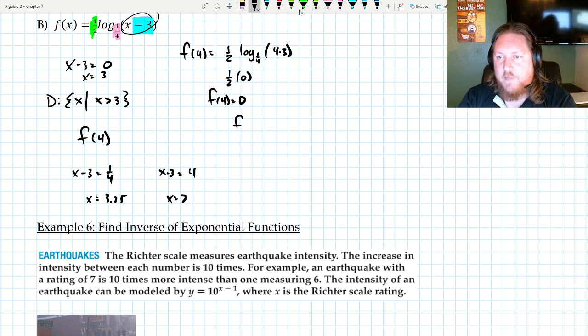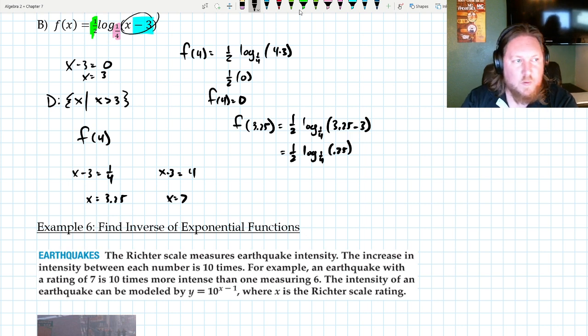Next one, f of 3.25 is 1 half times log base 1/4 of 3.25 minus 3. 3.25 minus 3 is 0.25.